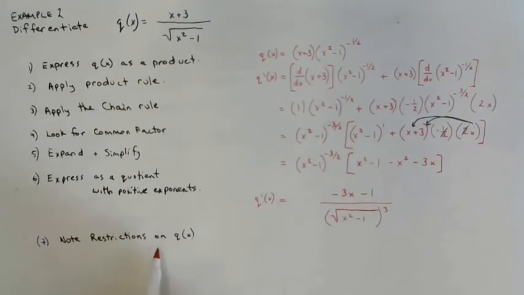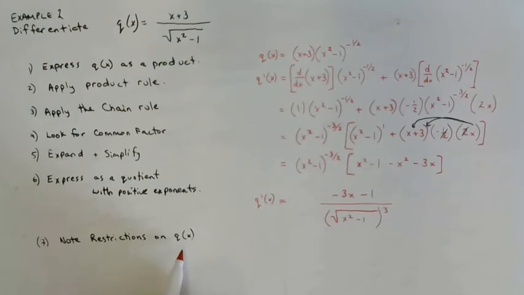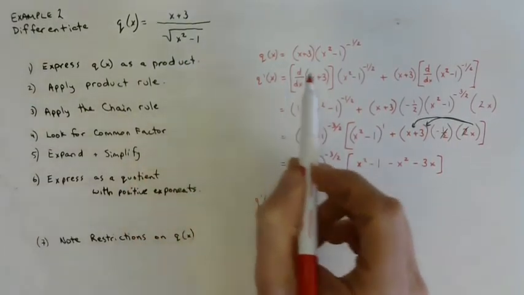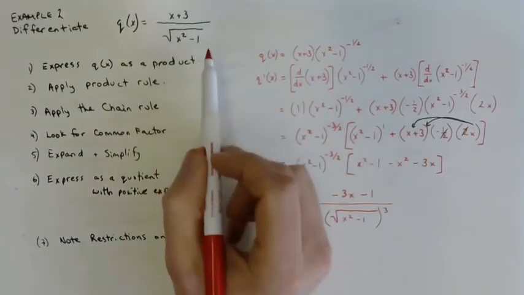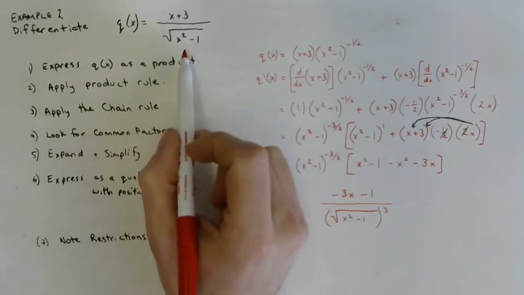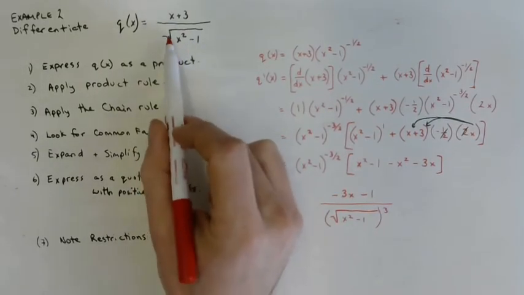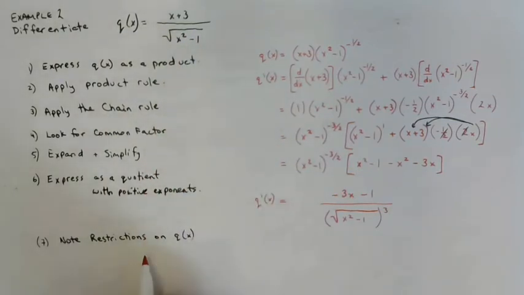Last thing we need to do is note the restrictions on q of x to get the domain. So, since the denominator cannot be 0, x squared minus 1 must be greater than 0. It also must be positive because there's no such thing as the square root of a negative number. So we've got x squared minus 1 is greater than 0.